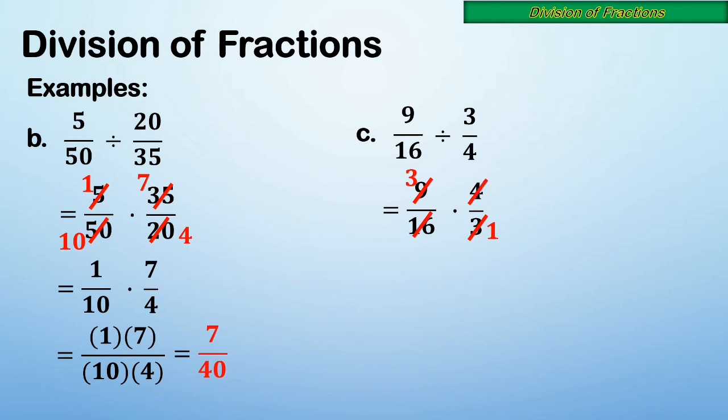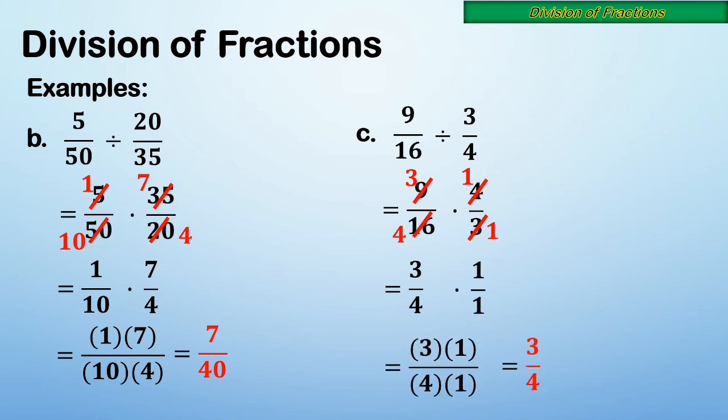Okay, the greatest common factor is 4. Therefore, 16 divided by 4 is 4. Then 4 divided by 4 is 1. We have now the new dividend, which is 3/4, and the new divisor, 1 over 1. Multiply, then 3/4. Okay, that is for the division of fractions.